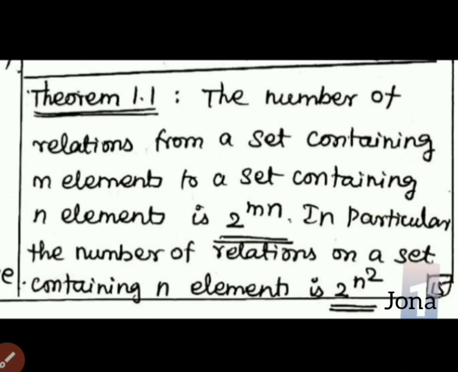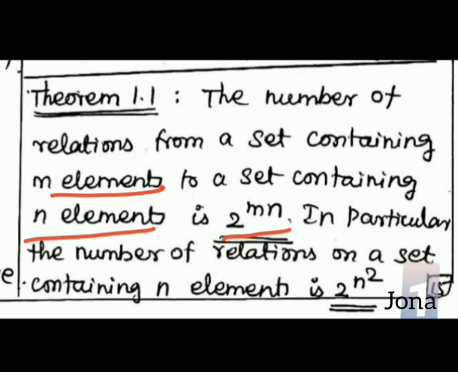That means in set A we have m elements and in set B we have n elements. Then the number of relations is 2 power m into n. We are just multiplying the number of elements in each set.